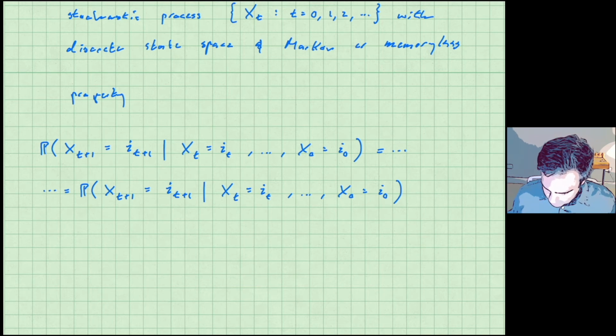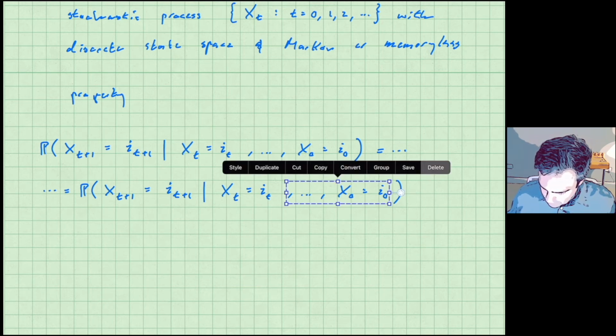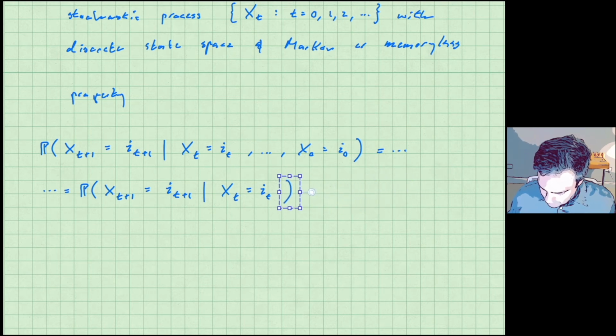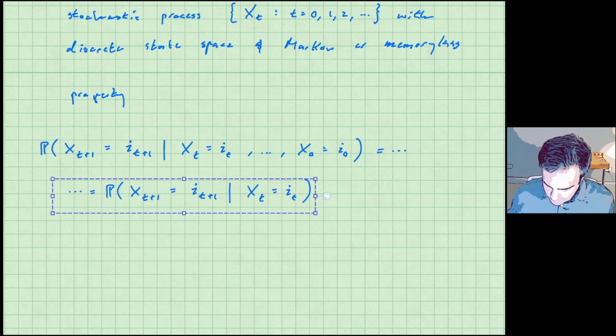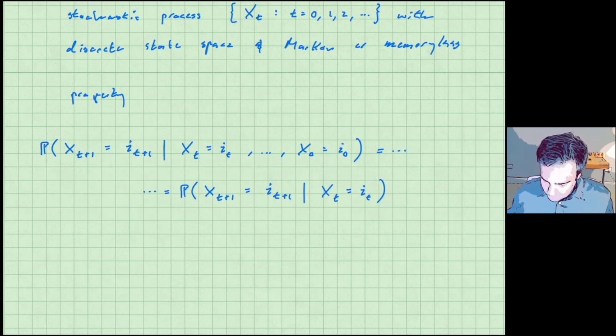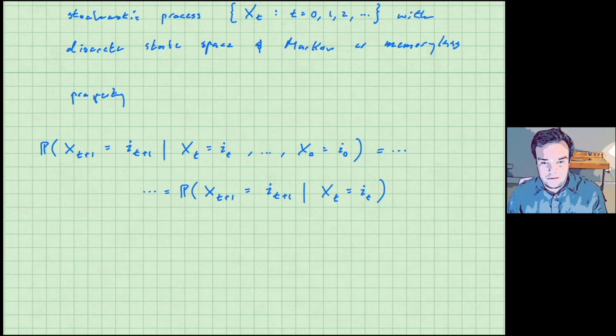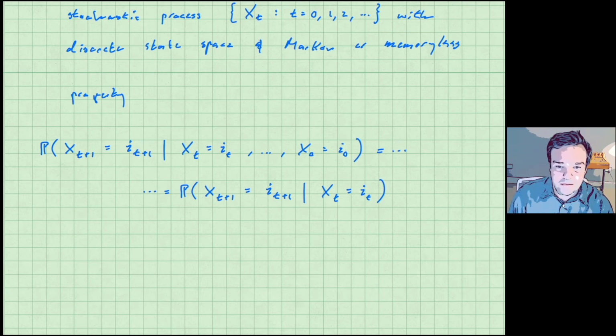And so what we're going to erase is all this stuff. All right, so that's the memoryless property. It says that this conditional probability on the next value of x only depends on the current value of x. It doesn't have any conditional dependence on the other x's.